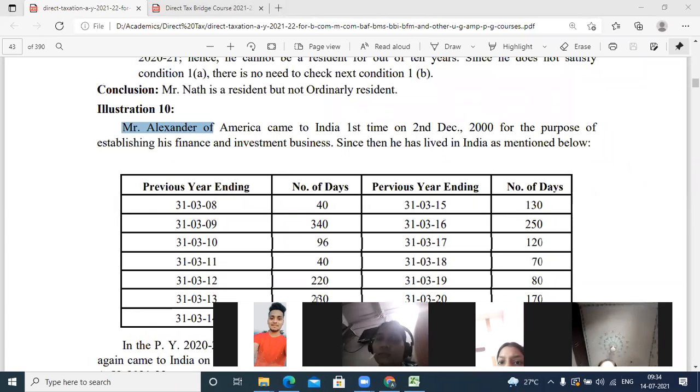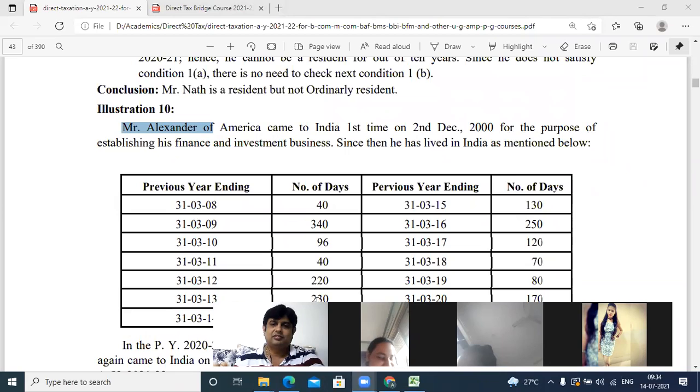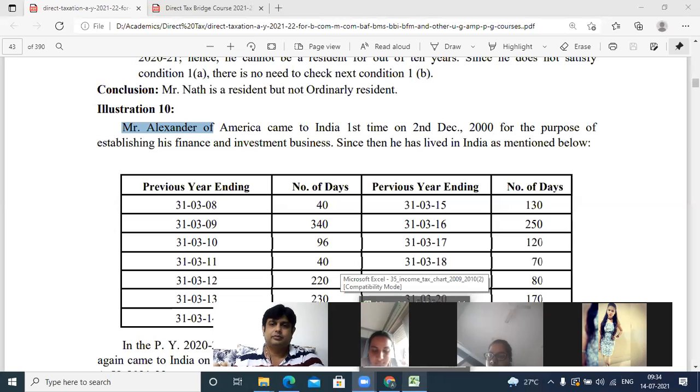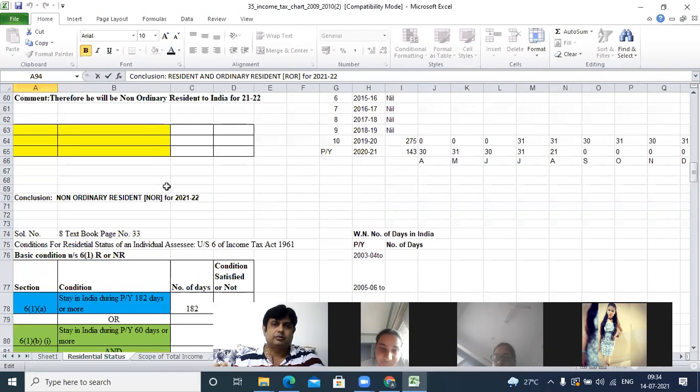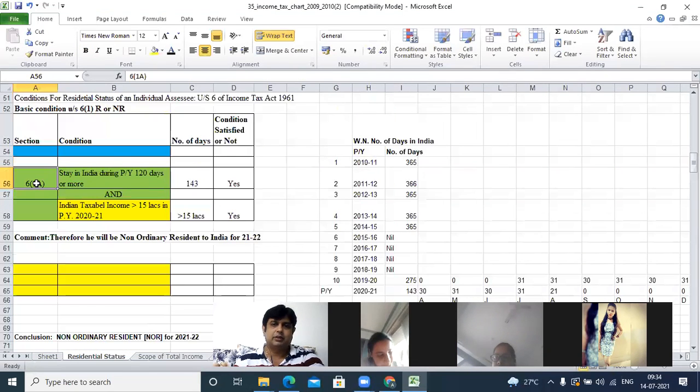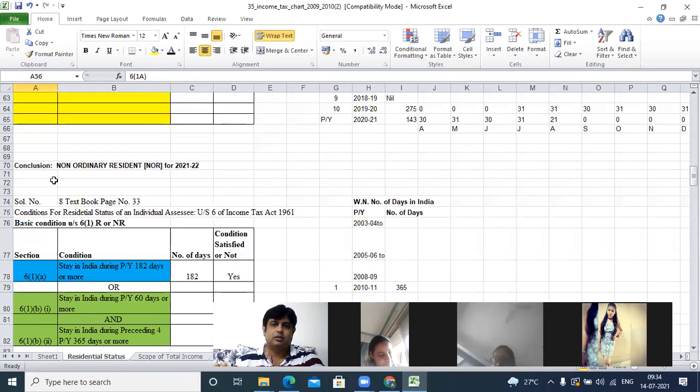Old provision means, sir, new one? New one is absolutely wrong answer. Old. This only will be applicable for Mr. Alexander also. Not this one, 6(1)(a) will not be applicable.